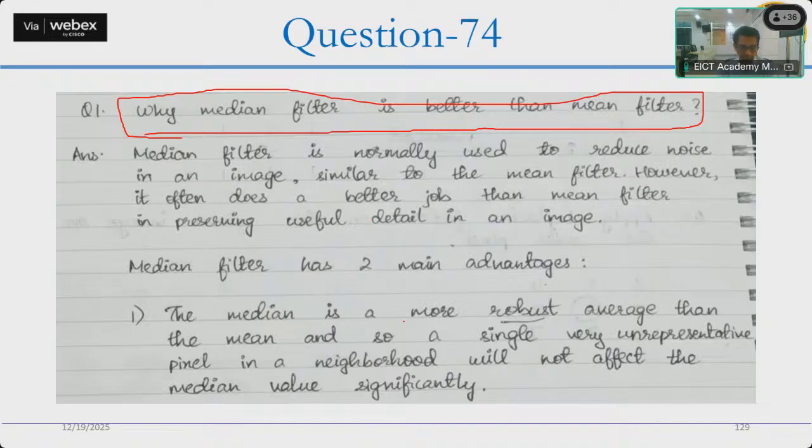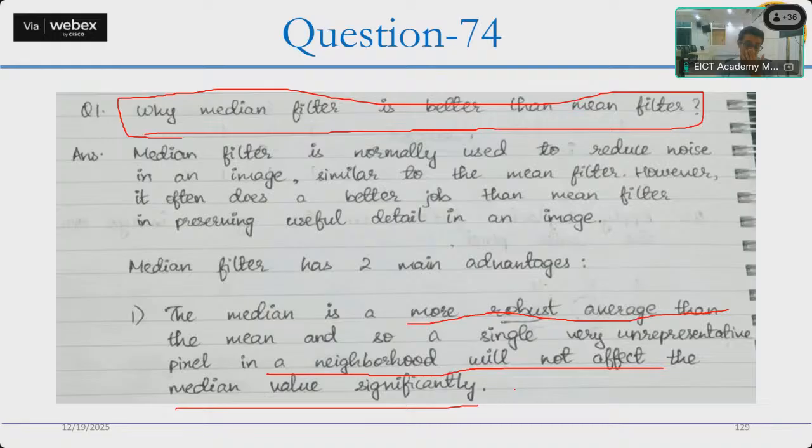So basically it has two advantages. It is a more robust average, and a single unrepresentative pixel will not affect the median value significantly. For example, in the average, some value can be very much higher. Some noise may be there.